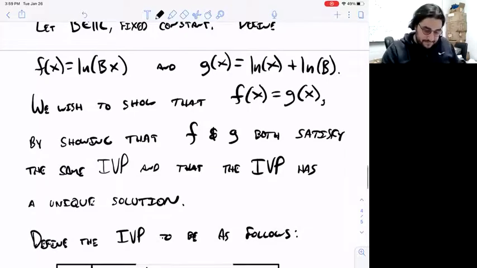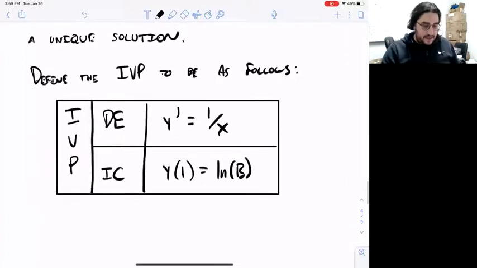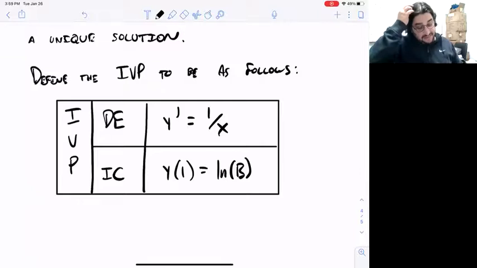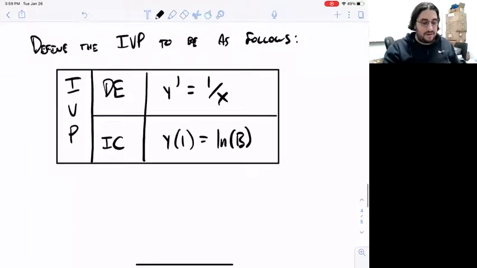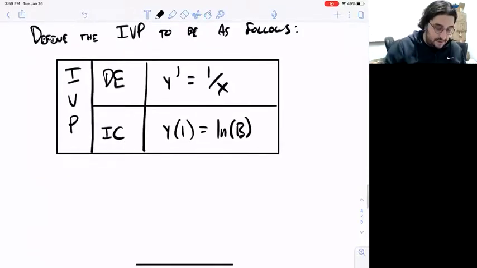So let's then carry this out, right? And again, if you're wondering where this comes from, it's basically just taking the derivative of f, taking the derivative of g, and looking for some relationship, right? That's what a differential equation is: finding some relationship among the derivative of your function and the function itself. So this is our IVP.